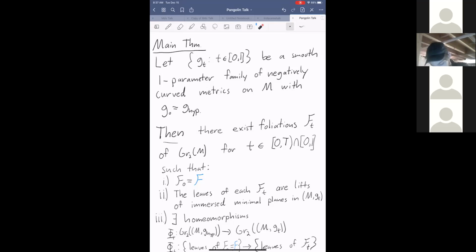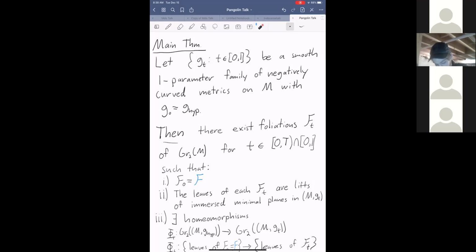The third condition is that these foliations that we construct are conjugate to the foliation blue F by maps V sub t that are self-homeomorphisms of Gr2(M). These map leaves of the starting foliation blue F to leaves of F sub t.